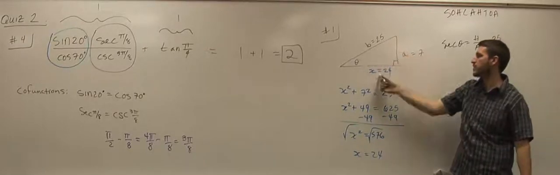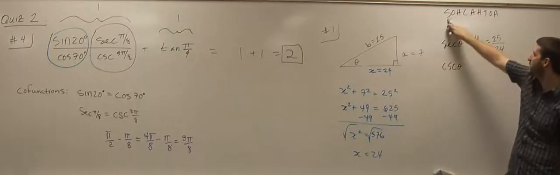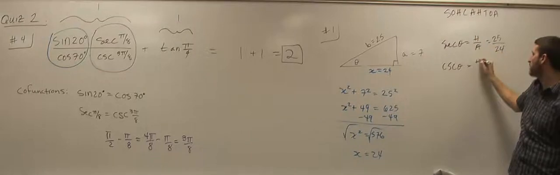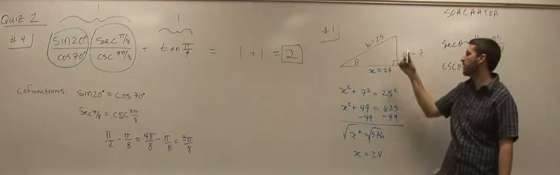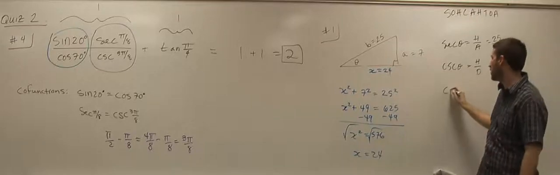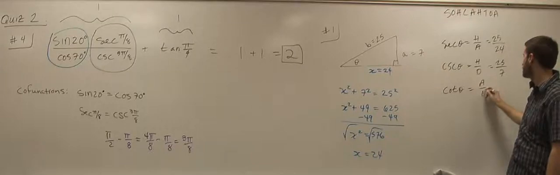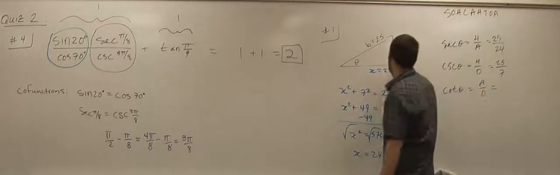Cosecant, that's the one that matches up with sine, so this will be hypotenuse over opposite, 25 over 7. And then cotangent, that matches up with tangent, so that'll be adjacent over opposite, 24 over 7.